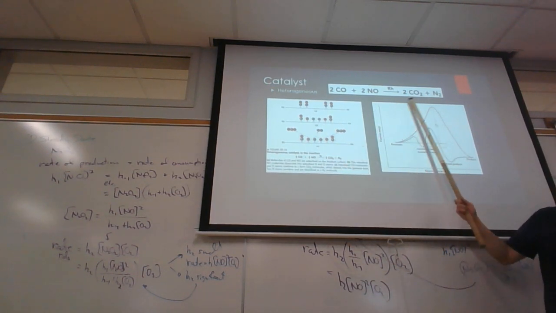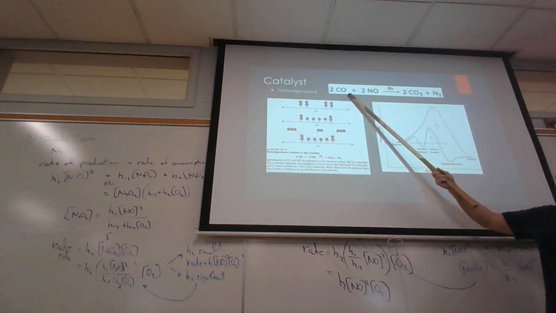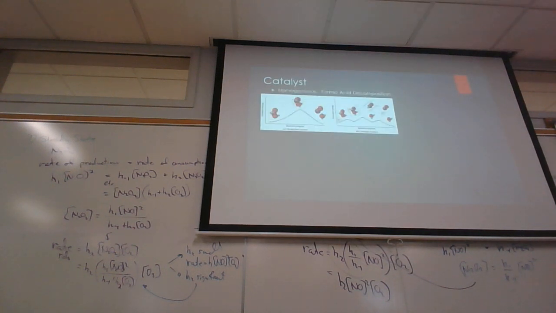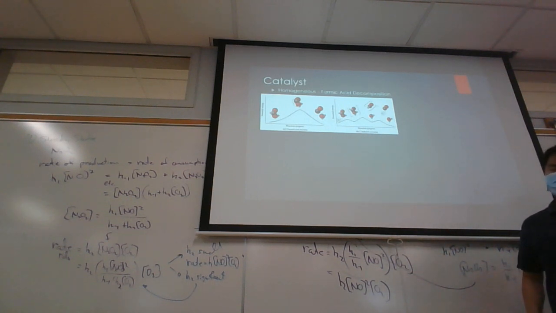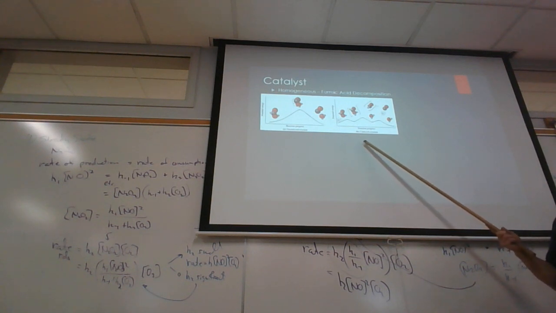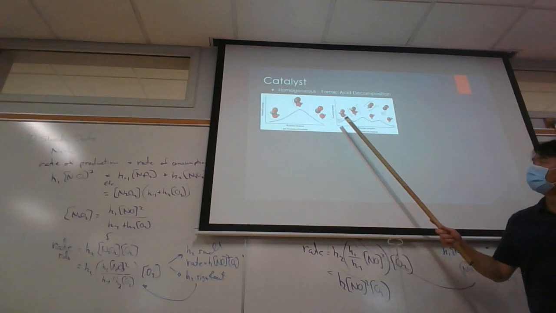And so we end up forming CO2 and nitrogen, which are much better than CO and NO. As far as theory goes, people are looking theoretically at what would make a better catalyst using less expensive materials. Or the experimental approach is just mixing together different alloys and seeing which one works the best.